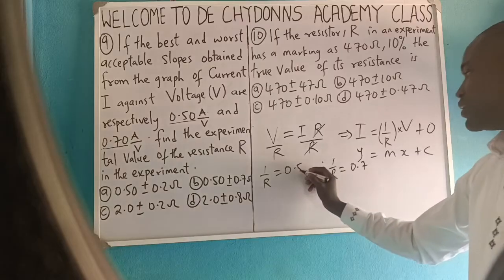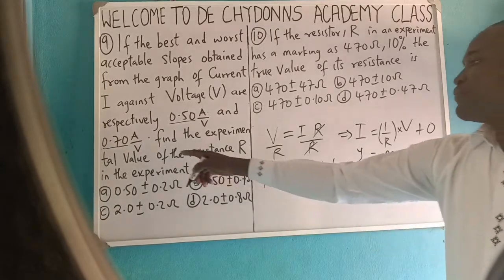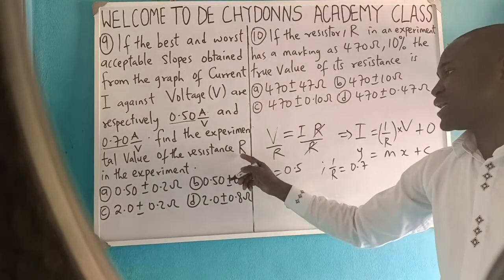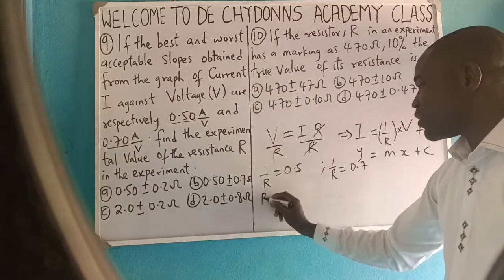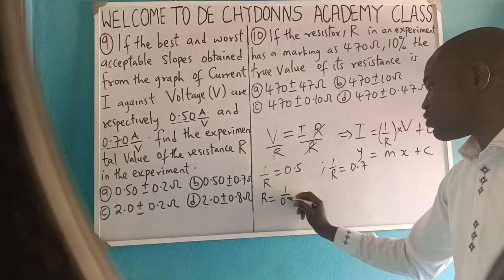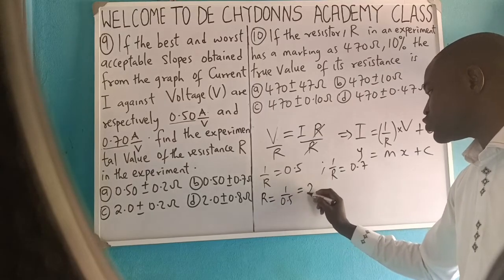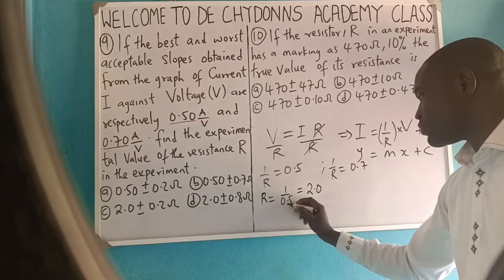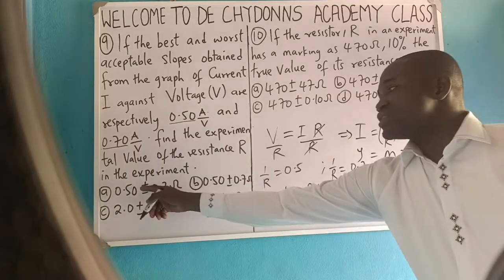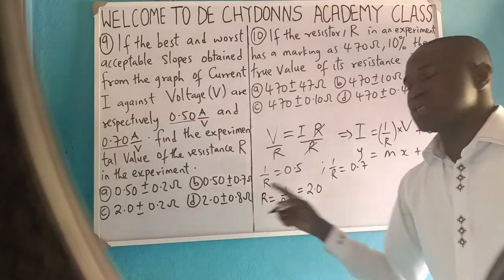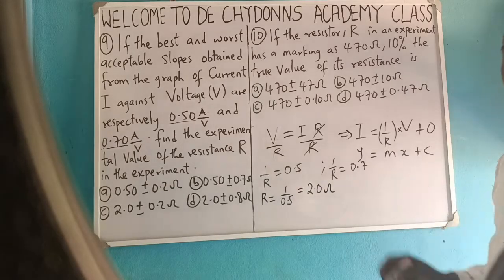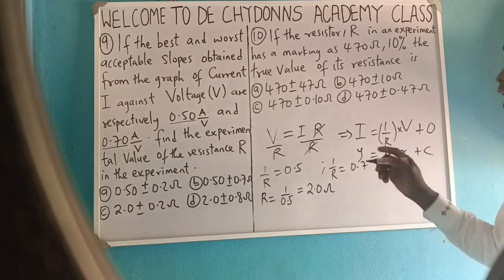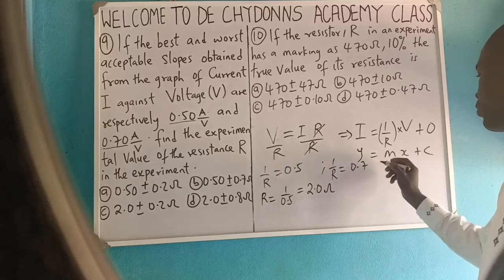Now, to get the experimental resistance of the resistors in the experiment, you make R inverted: 1 over 0.5. That will give you 2.0. That means I've deleted 2 options. I'm now working with the remaining 2 options. 2.0 ohms. Okay?